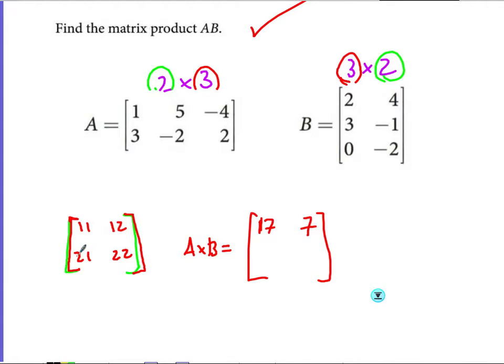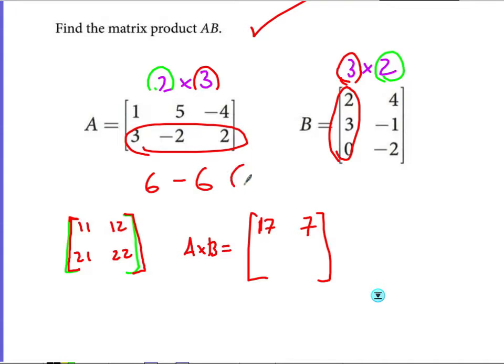So here the 2 represents the second row of the first matrix, and the 1 represents the first column of the second matrix. Again we're going to multiply these together. So 3 times 2 gives me 6, -2 times 3 is -6, and then 2 times 0 is 0. So basically 6 minus 6 is 0.